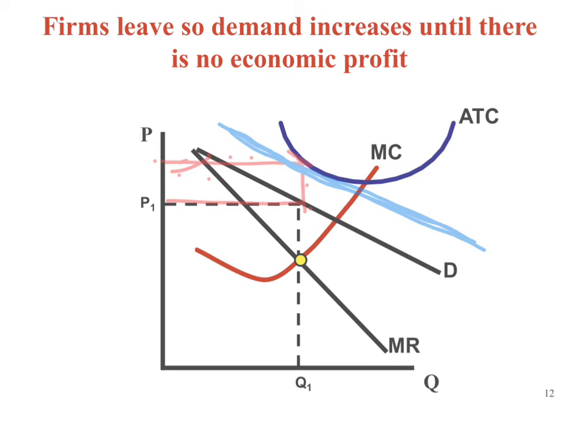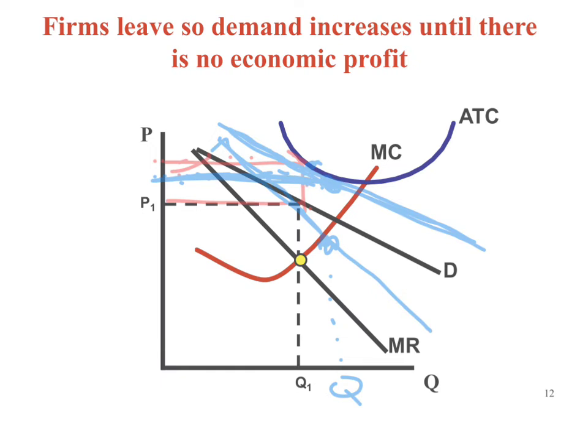It's going to continue to increase until we get the point of tangency there, and then we're going to see our MR curve also shift, and at this spot where MR equals MC, this is our new quantity. Our quantity has increased, and we're going to see zero economic profit, because here our total costs and our total revenue would be exactly the same. Where MR is equal to MC, that's where the ATC and the price would be exactly the same.